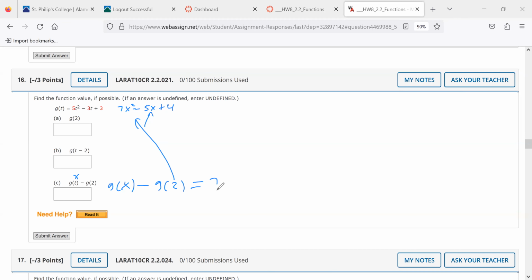So write the original. Minus the other function, put it in parentheses, minus the entire g at 2. So 7 times 2 squared minus 5 times 2 plus 4. It's ugly.